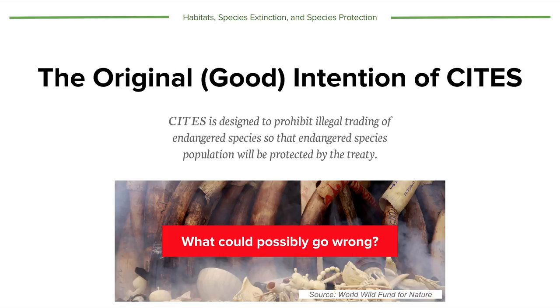By prohibiting international trade, the unintended consequence was that it created a black market that makes the endangered species more expensive, which leads to more killing of the endangered species, because people, especially poor people, are willing to risk violating the law in exchange for getting money for their own survival. So that's the flaw of CITES.